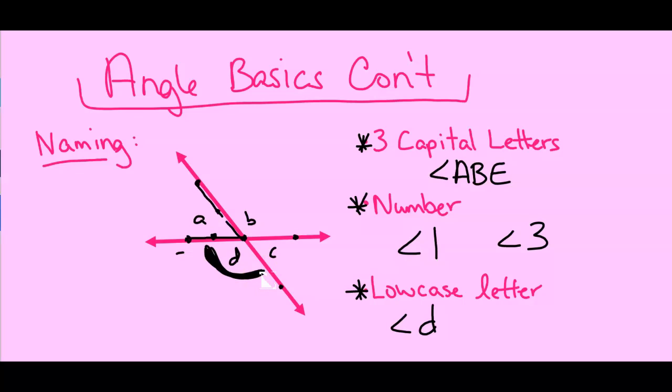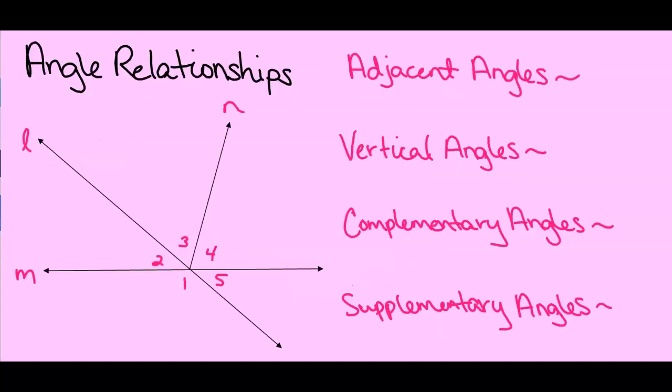Now let's get into the angle relationships for this section. Adjacent angles are angles that share a common ray. An example here would be angle 3 and angle 4.